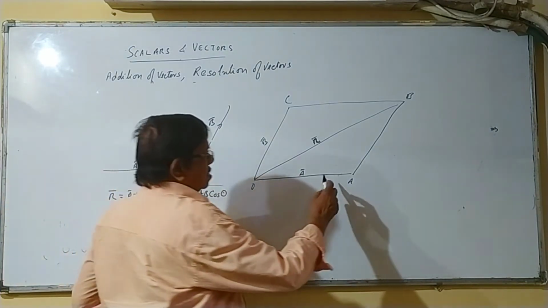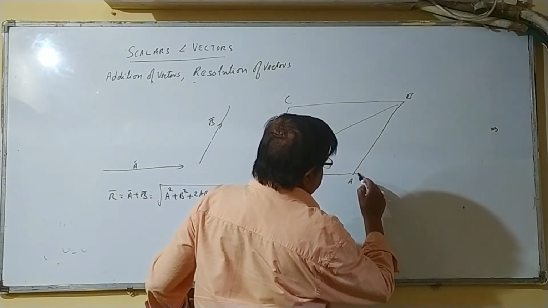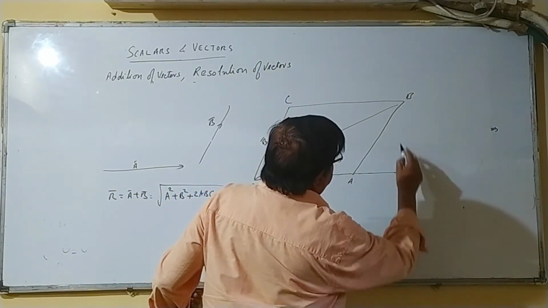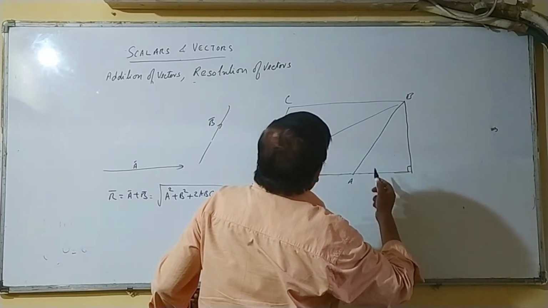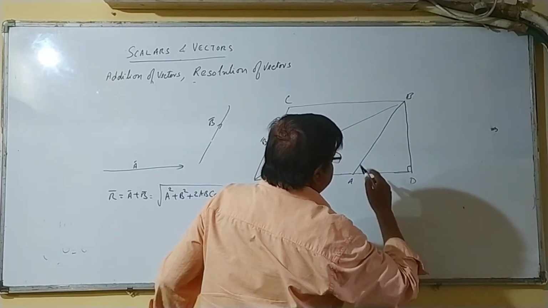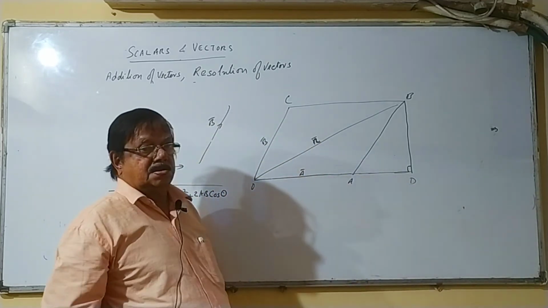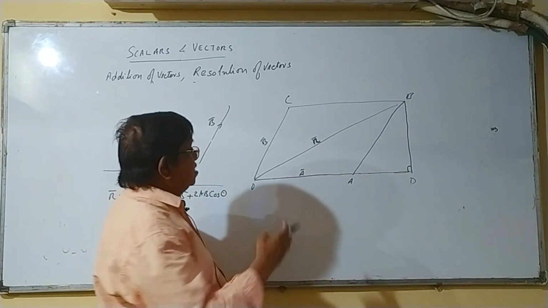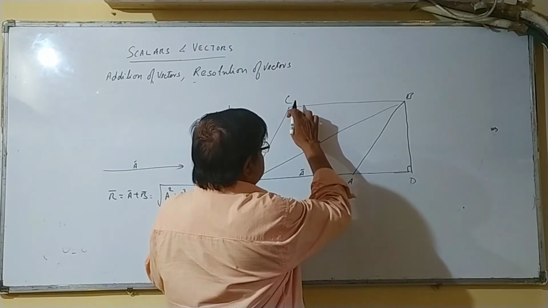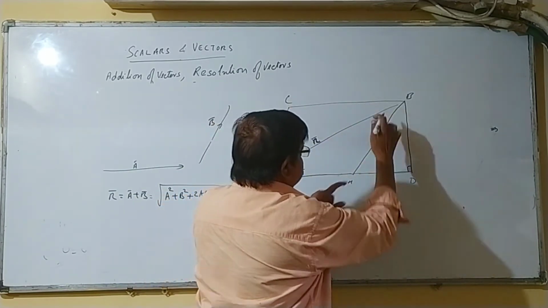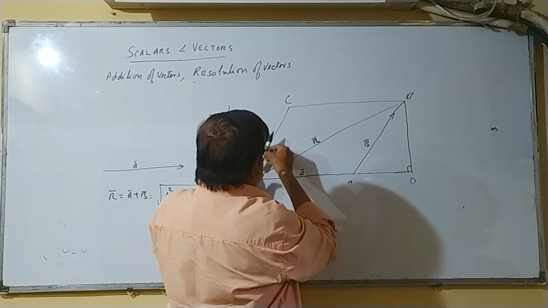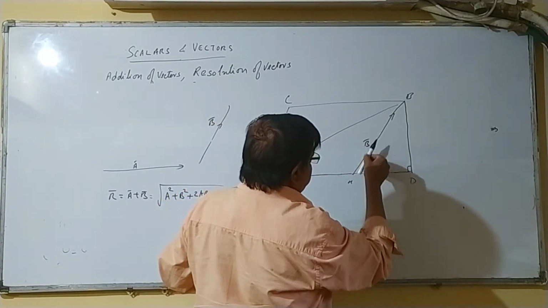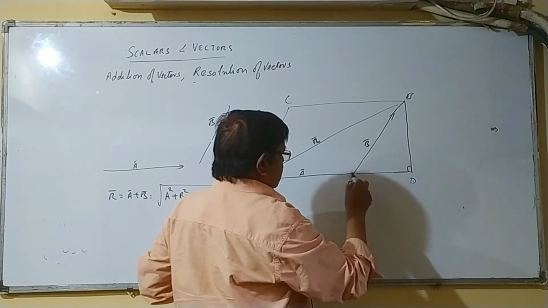We will draw this, extend this forward, and draw a perpendicular from here. A, B, C, let's call it D. Now, here this is vector B. You know this is a parallelogram, so this is equal to this. So this is also vector B. They are parallel and equal.